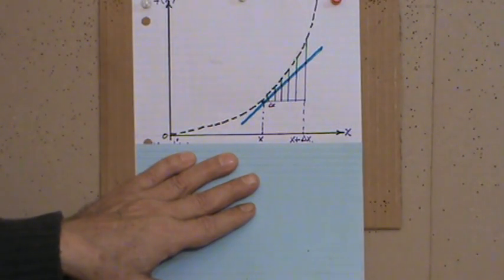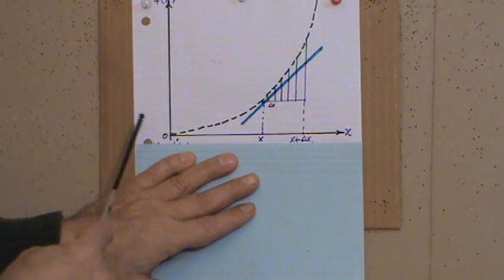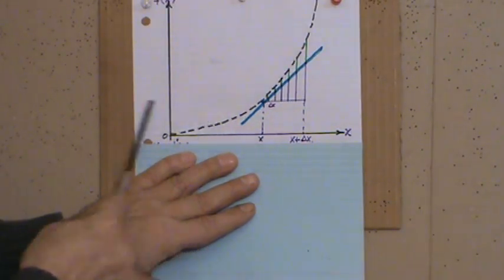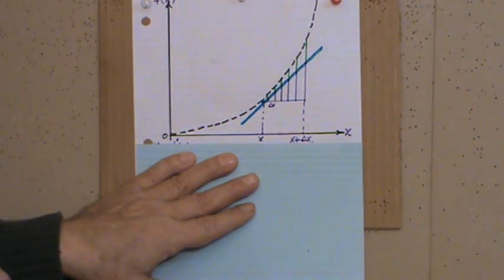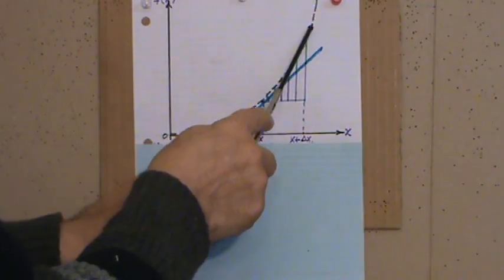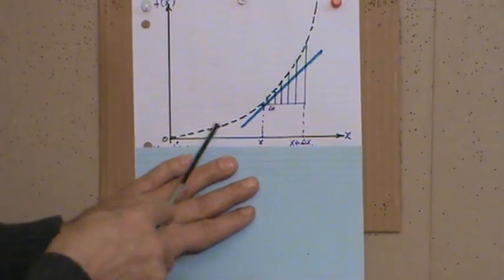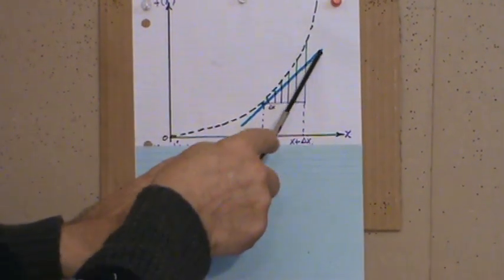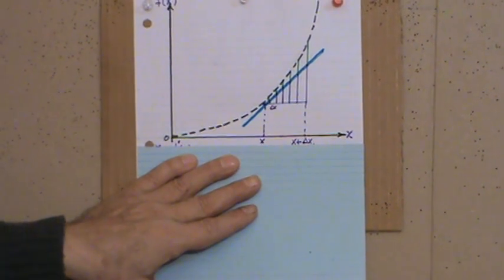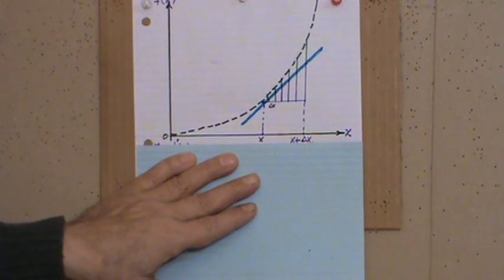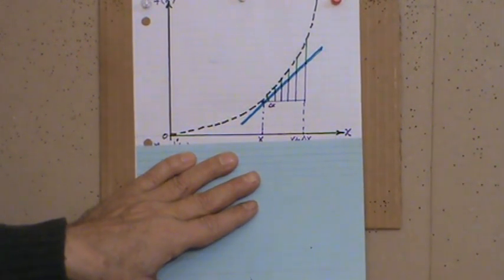At the point of tangency, the analytical rate of change of f of x and the slope of the graph of the tangent line will be the same. So they will have the same rate of change at the point of tangency.